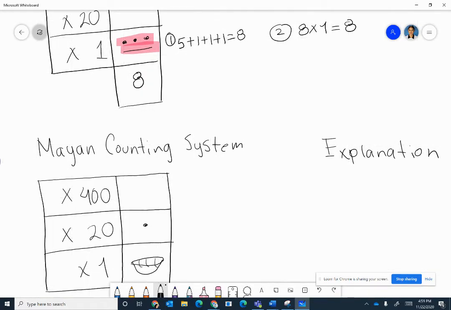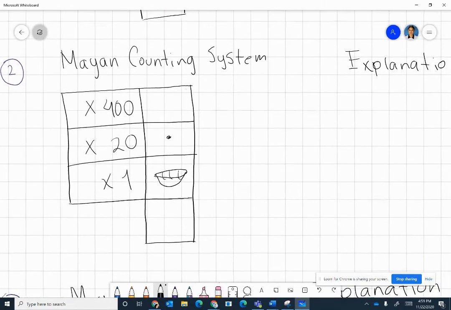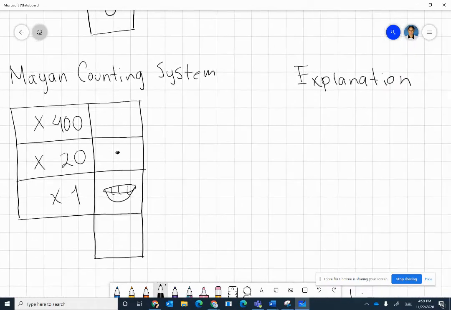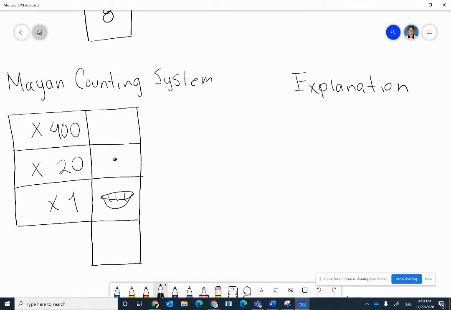Let's move on with the second example. And here is the explanation. First, we have a shell here, which means 0. So there is number 0. 0 times 1 equals 0.